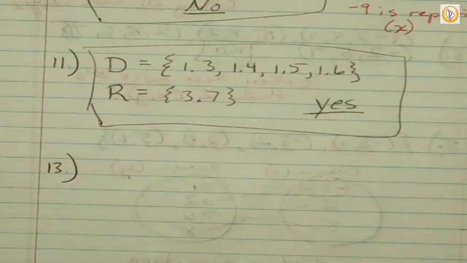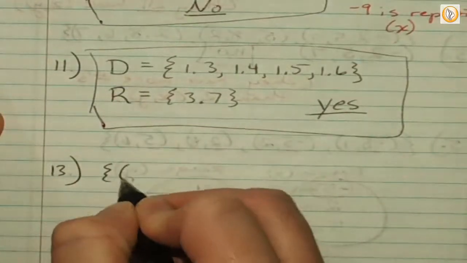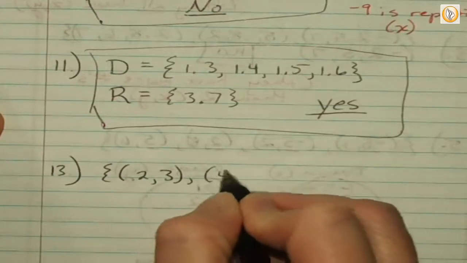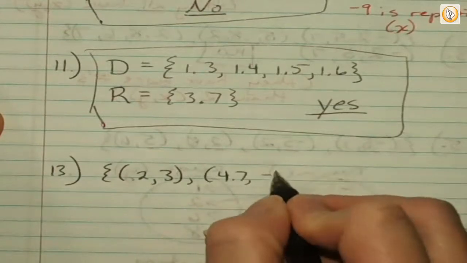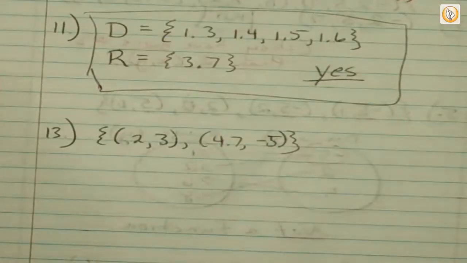All right, so 13 just has 2 and 3, 4.7, and -5 as the set. Would it be A, B, or C?